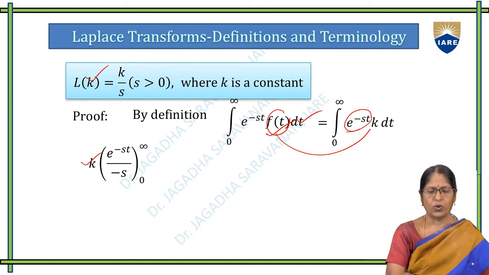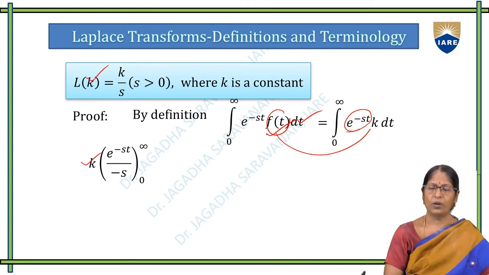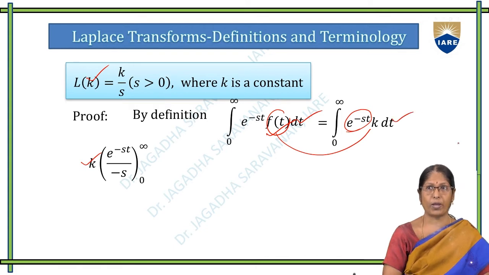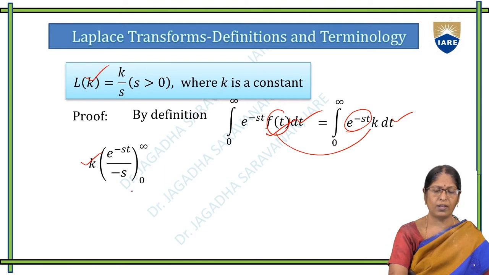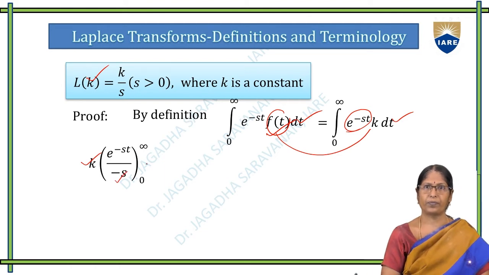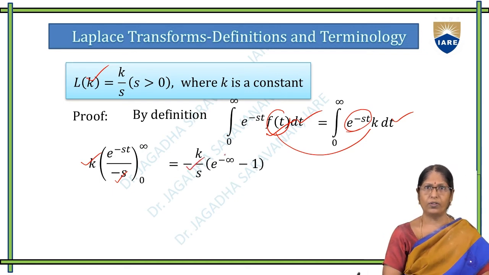So e power minus st divided by, we are doing integration with respect to t. So the coefficient of t is nothing but minus s, from 0 to infinity. This minus s, we brought it out.